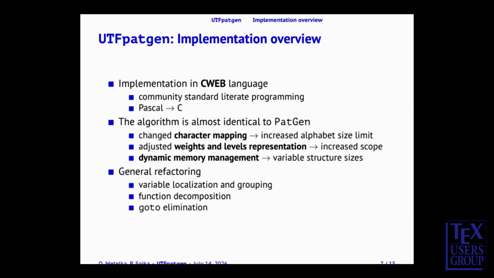Finally, as mentioned before, we use dynamic memory management so that the static structure sizes of PatGen are no longer an issue. We also perform several general refactoring tasks, such as variable localization, grouping of related variables, function decomposition, and we eliminated the go-to statements which are deemed harmful.